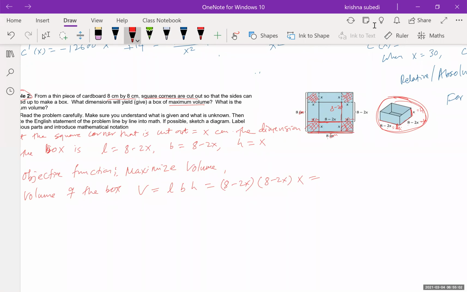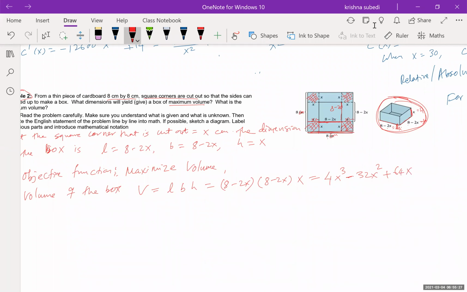So this will be 8 minus 2x, 8 minus 2x, which is 8 minus 2x whole square. Using the a minus b whole square formula, you get 64 minus 32x plus 4x square, and you multiply that with x. So the final term will be 4x cubed minus 32x square plus 64x.